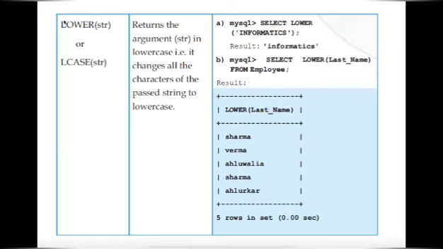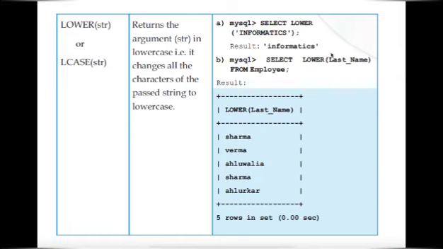This function lower takes a string, a string value, that is varchar or char data type, as parameter, and it will return the string by converting the string passed as parameter into lowercase, which means small letters.